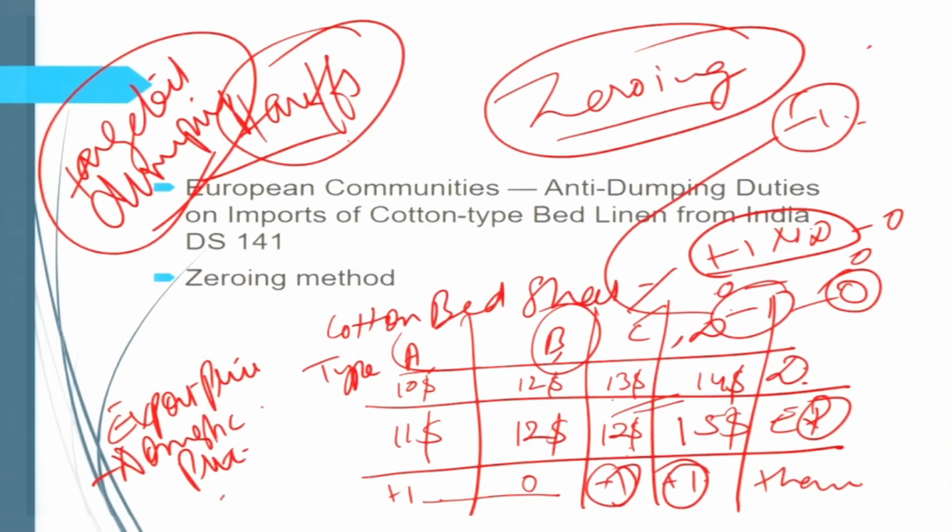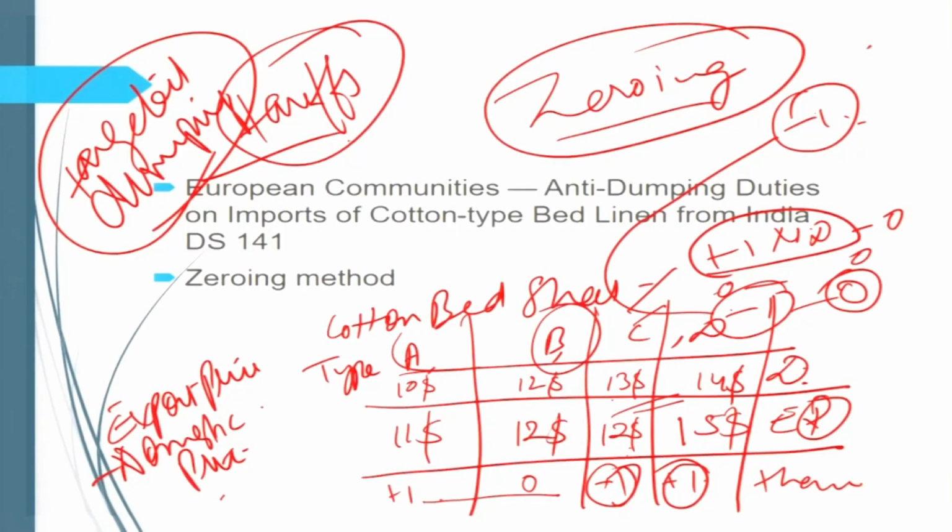So, the zeroing method is not the right method of calculation, because at many points of time it can be arbitrary, and it does not take into consideration other factors that fluctuate the price when there is a comparison between the domestic market price and the price of the product based on which it is exported. So, that was how this case got significance.